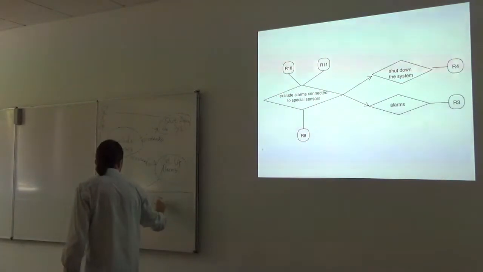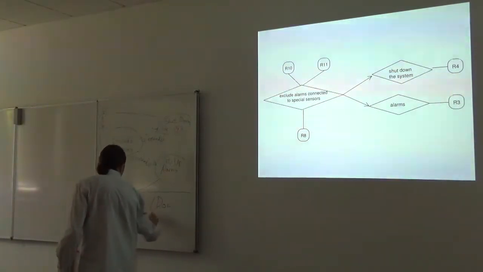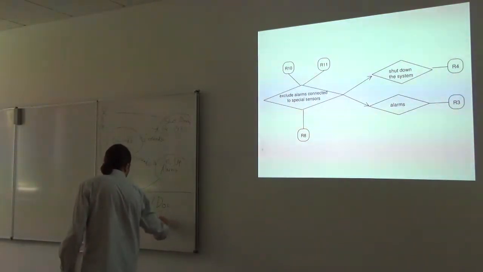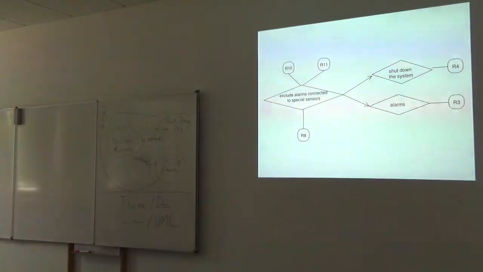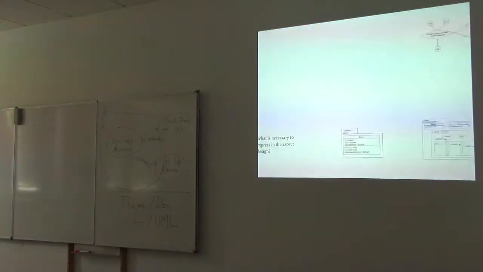This one was the so-called documentation, and we will deal now with its other part, which is called Theme/UML. If you would like to elaborate these themes further graphically, we might use a UML-like notation, of which I will show you an example.